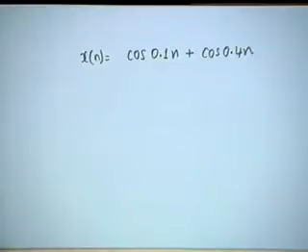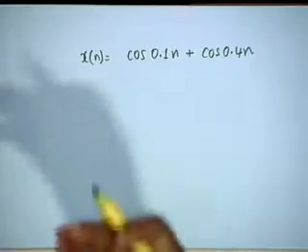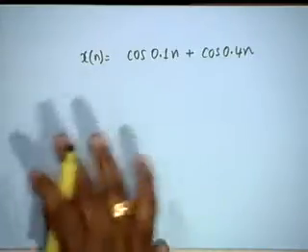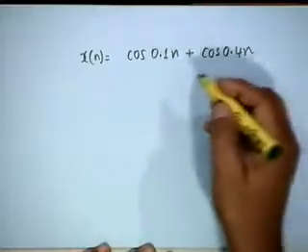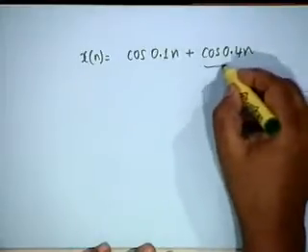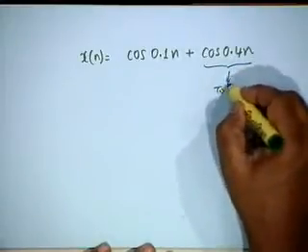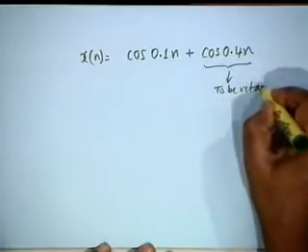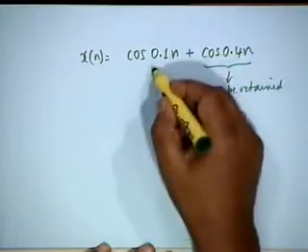Not at all. 0.1 divided by twice pi can never be a rational number, because pi is an irrational number. So, it is not a periodic signal, but we want to retain the second component, and the first is to be rejected.